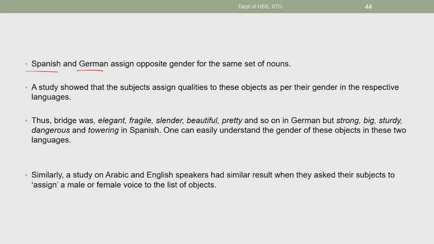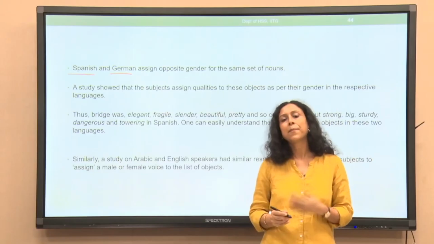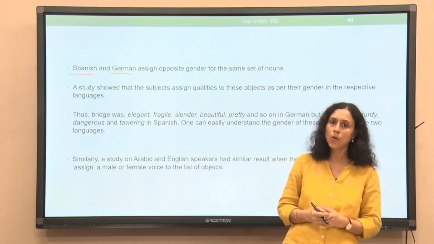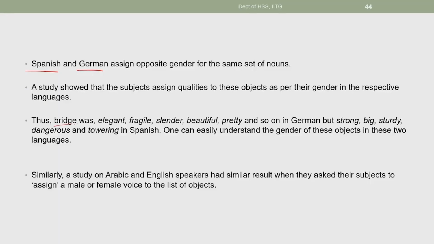So, the study was carried out on these two different speech communities. There was a list of nouns that were prepared, and the subjects were asked to write appropriate adjectives for those words. The words included bridge, keys, and many more; it is a long list of nouns.